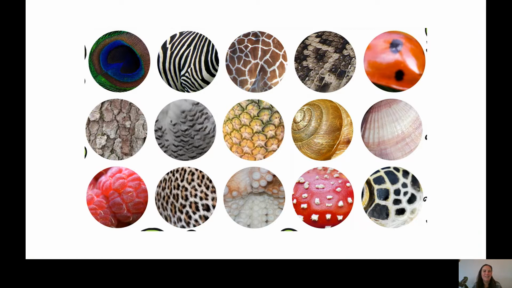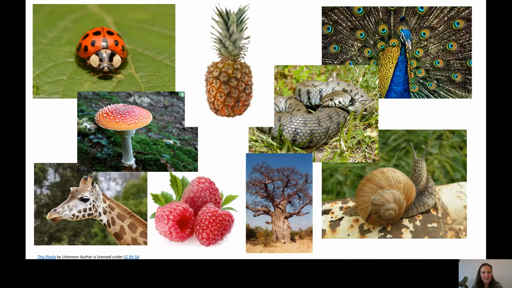Well done, Year 4. I bet you were able to spot more than me. These are the ones that I could see immediately, so well done if you spotted any of these. In the animals, we had a peacock and a ladybird, a snake, the shell of a snail, I think, and a giraffe.